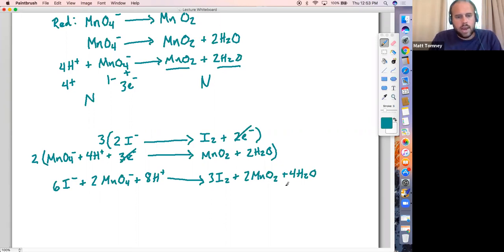And that is the net reaction here. So if you were asked to solve this in acidic media, you would be done at this point. This would be your net reaction.